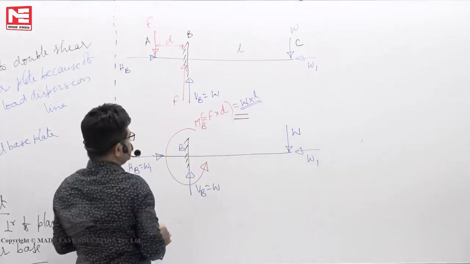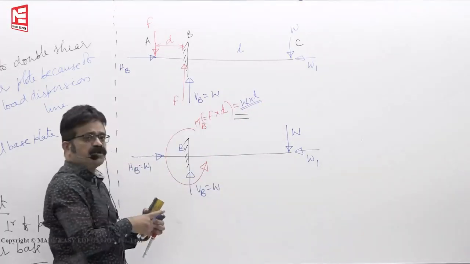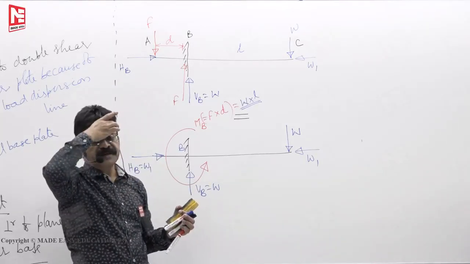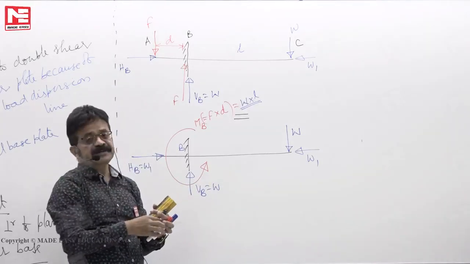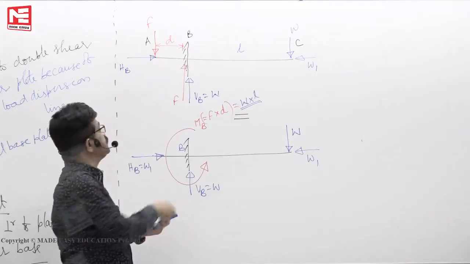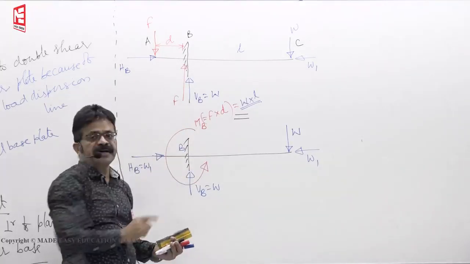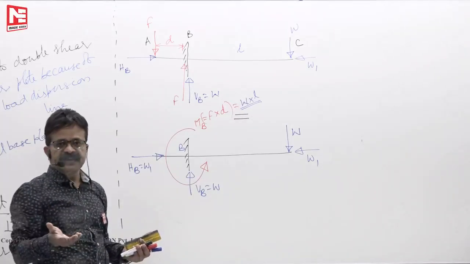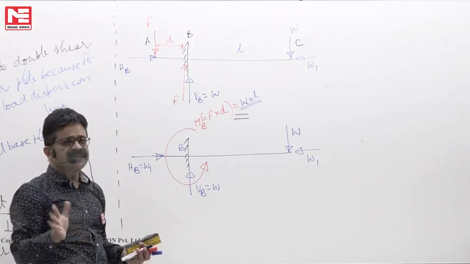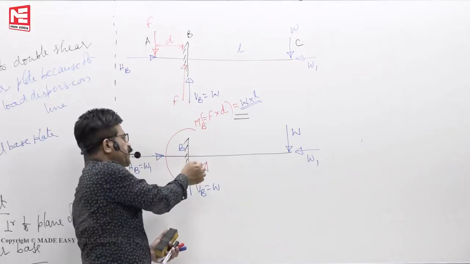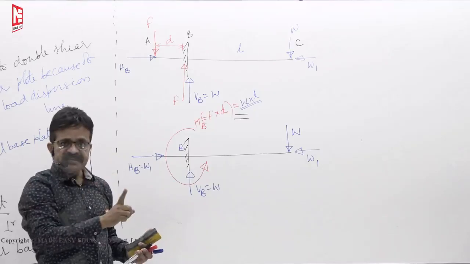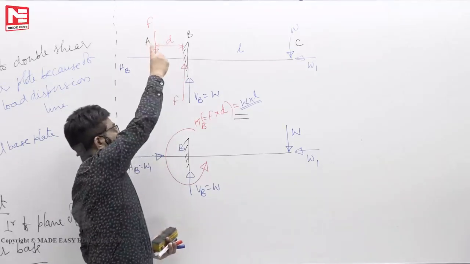Generally we will not know the perpendicular distance between the two forces F and F, so the magnitude of F also we will not know. So we replace that effect of the couple by a curved arrow mark. Whether you have studied strength of materials or RCC or steel, wherever there is a curved arrow mark, it means that there must exist a couple like this.